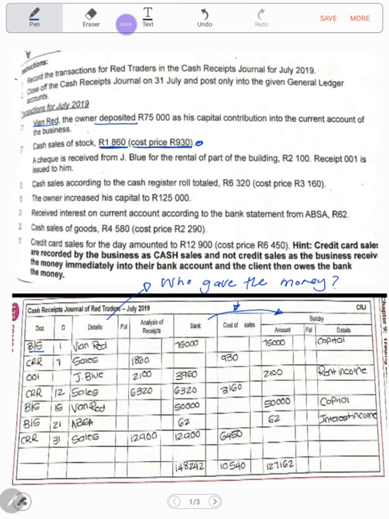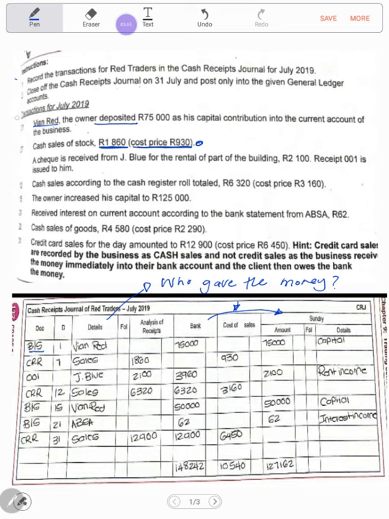Alright, so you will know from our cash receipts journals from last term, if we render a service, we will have a document number known as cash register roll. But in this case, we're no longer dealing with service businesses, we are dealing with trading businesses.